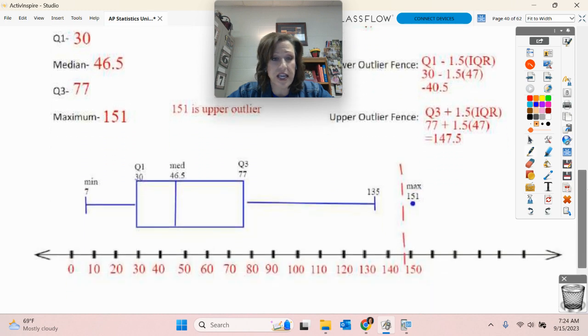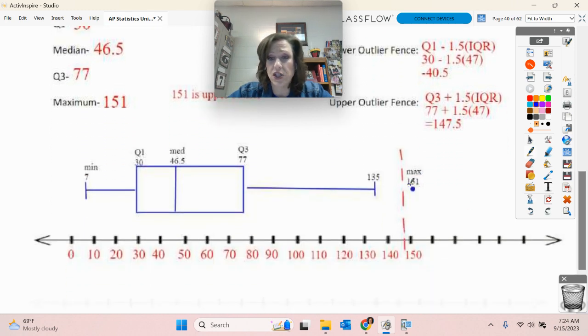So you're going to do your scale, box, fences, whiskers, but notice my whisker up here goes to the next piece of data inside the fence. That next piece of data inside the fence is where the whisker goes to. All right, notice they're all labeled and drawn to scale and so on.